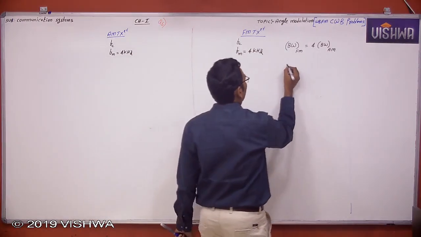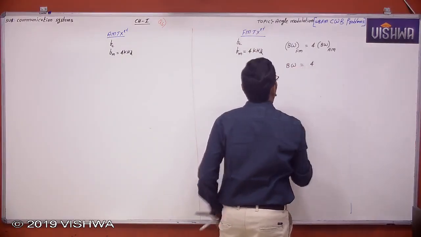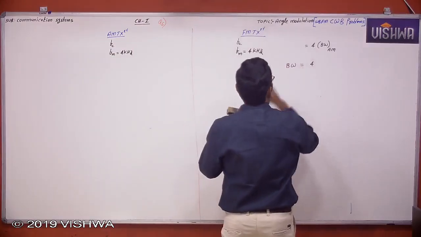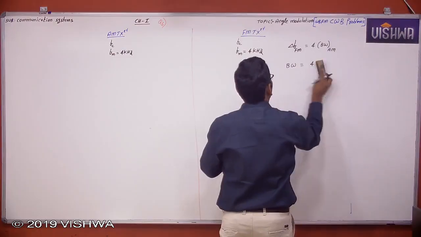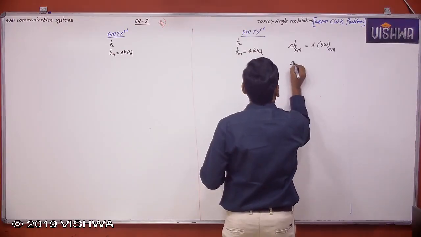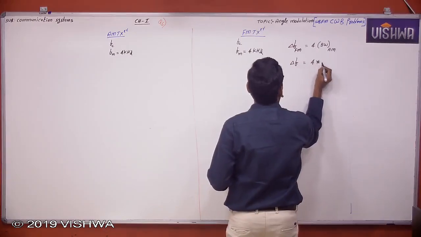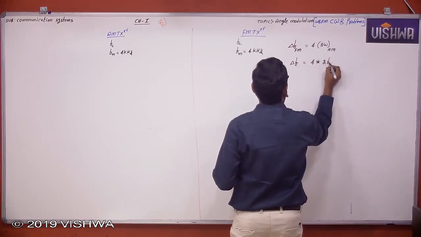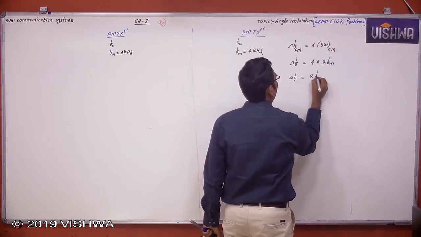So here I can get the bandwidth of FM. The bandwidth of FM is 4 times the bandwidth of AM, which is 2 fm. So delta f is equal to 8 fm.